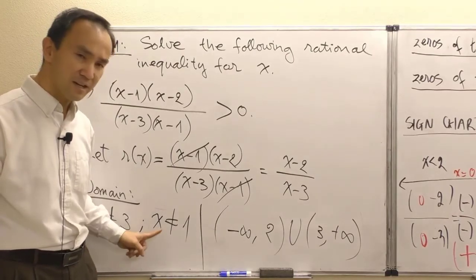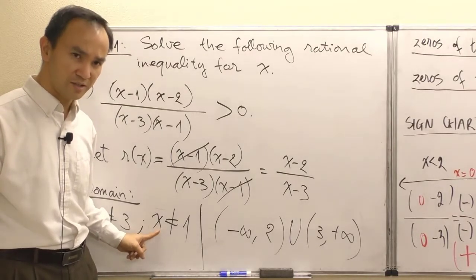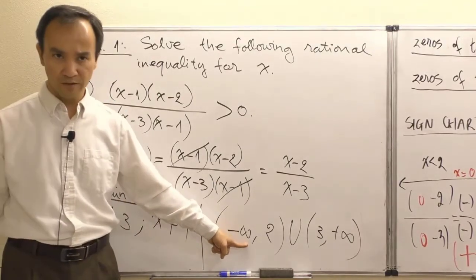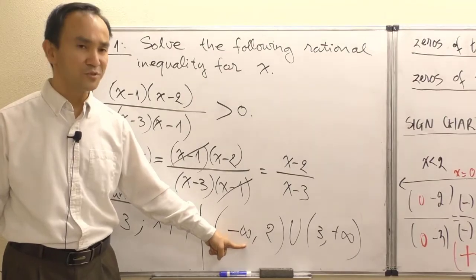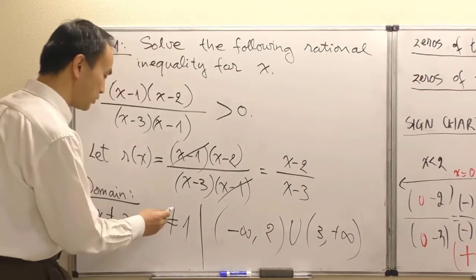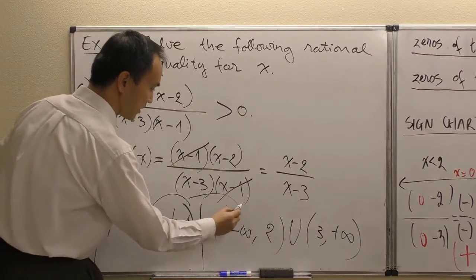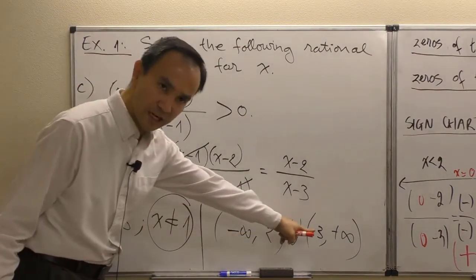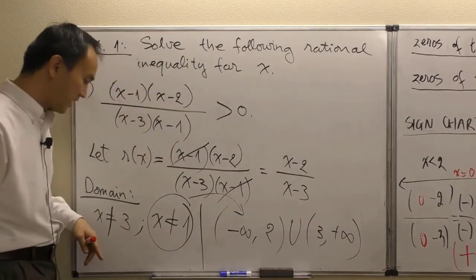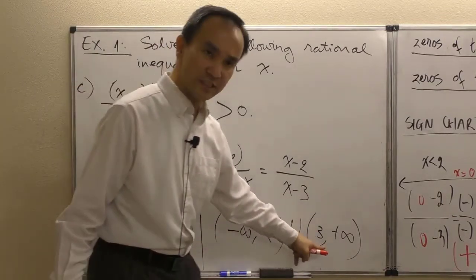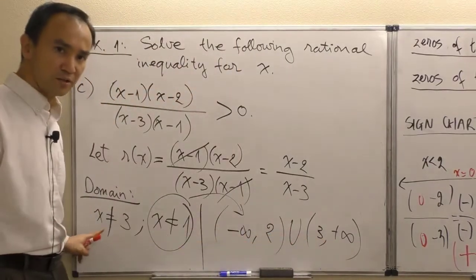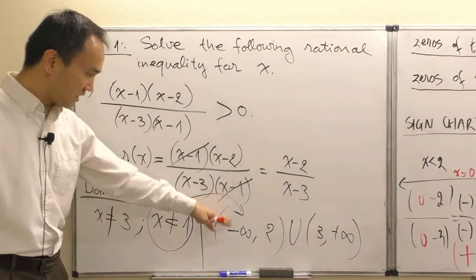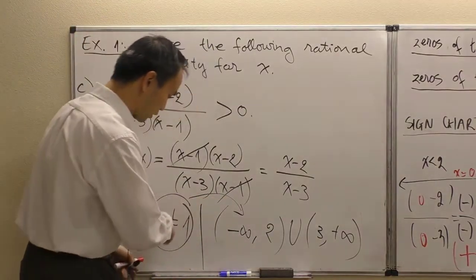Indeed, x equals 1, the value excluded from the domain, is in this interval, and it's the only one in this interval. For the other interval, the interval itself already excludes x equals 3, so we don't have to worry about the other exclusion there.